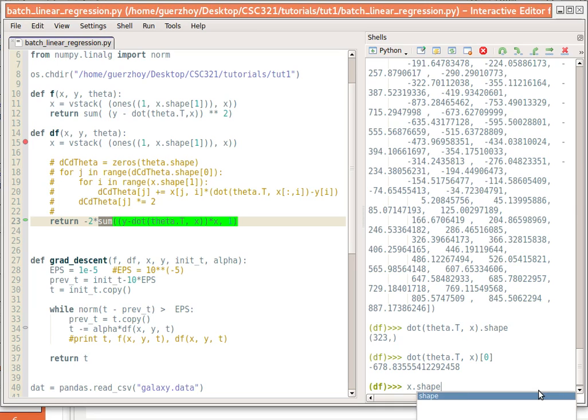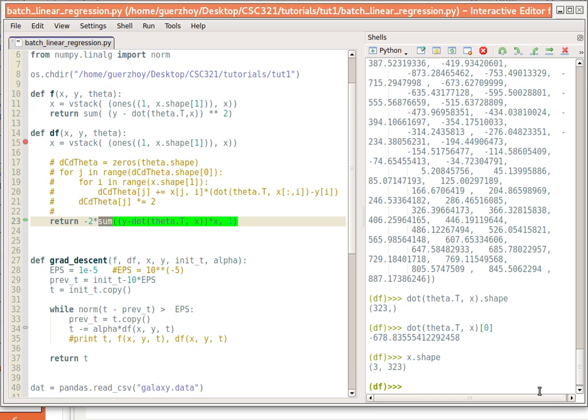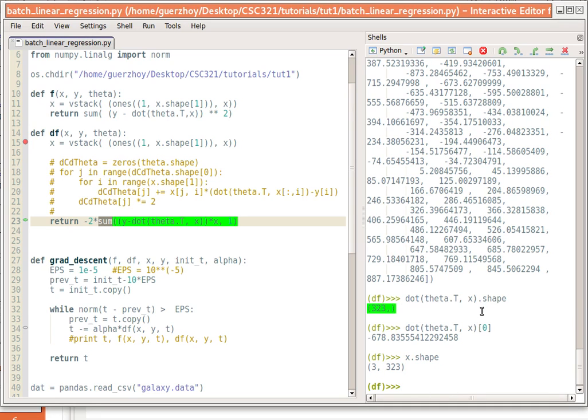So the dimensionality of x, again, is 3 by 323, and the dimensionality of this kind of thing, minus y, which is not going to make a difference, is this. So those match. So if you multiply x by this, you'll get sensible results.